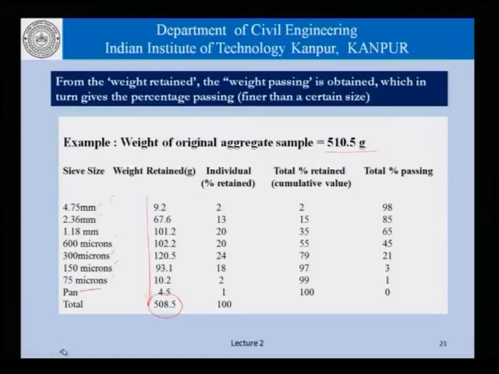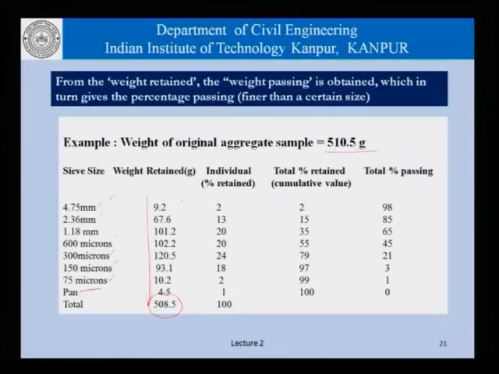Now, if we take an aggregate sample which weighs 510 grams, or 510.5 grams to be precise, and pass it through a sieve set which starts with 4.75, 2.36 and so on, and goes all the way to the pan, which collects material which is finer than the 75 micron sieve in this case, and we shake the sieves in a certain manner as required, and we find out how much material has been retained on each of these sieves.